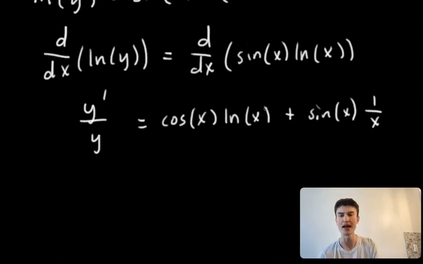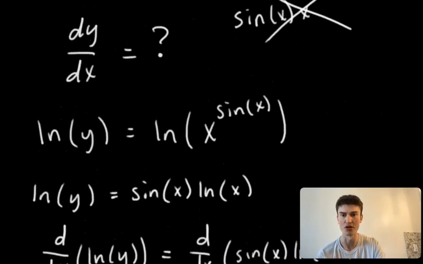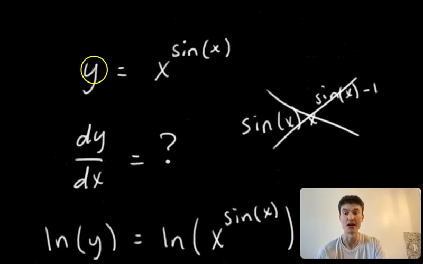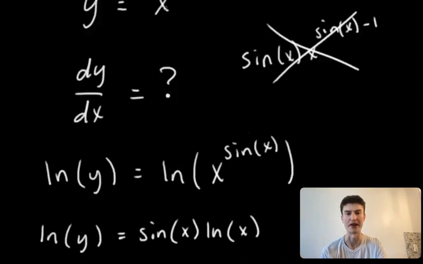That extra step at the end is that we're not done yet, because we want to solve for y prime. Right now we have an expression for y prime over y. So if we want to isolate y prime, we can multiply both sides by y, and we know what y is in terms of x because that's the original equation up here. It says y equals x to the sine of x.